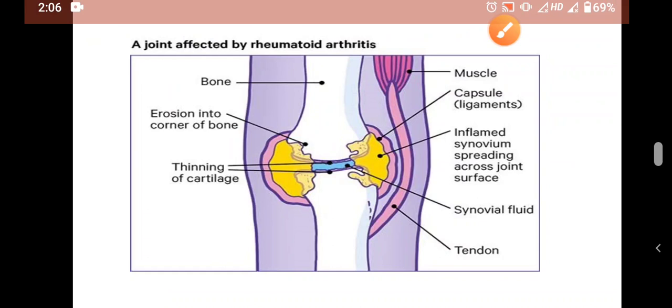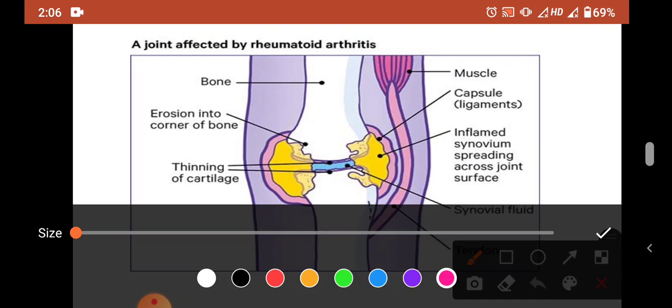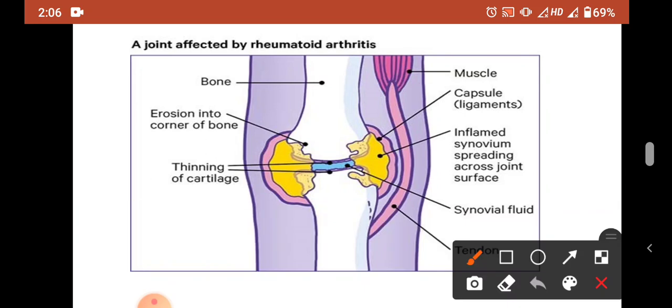So here again I have the picture for the joint affected by rheumatoid arthritis, having the labeling such as muscle, ligaments, and here you can see the synovium, which is in yellow in color, getting inflamed across the joint surface, and also there is a thinning of the cartilage, which is denoted in sky blue color.